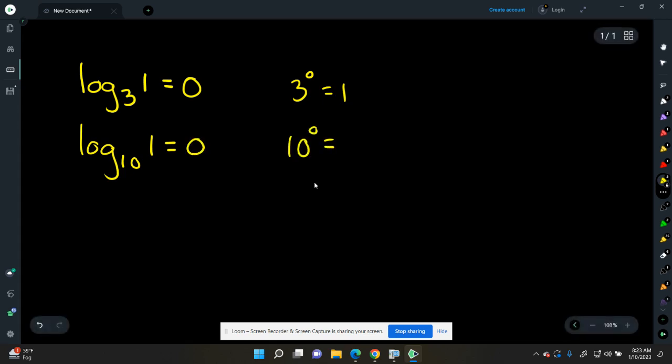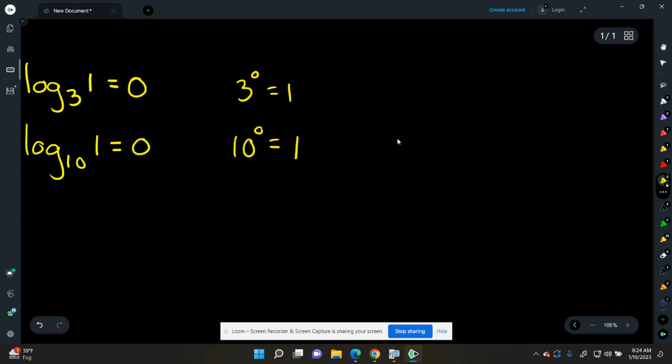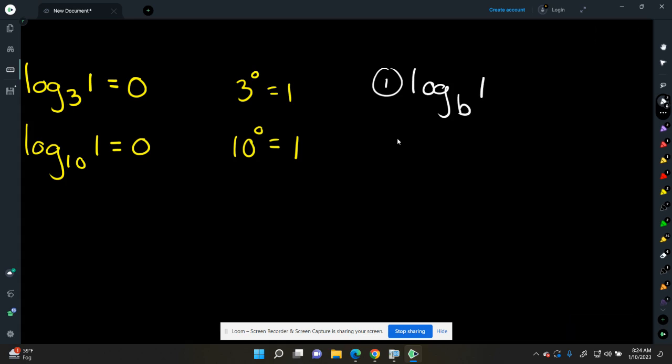Okay, let's turn to our formulas page because here's your next property. We have the definition that I already gave you. The first property says that log base b of 1, so it doesn't matter what the base is. It could be 3, it could be 10, it could be 5 billion.